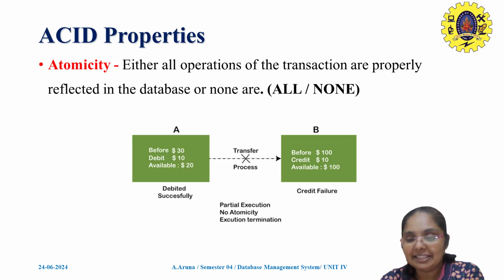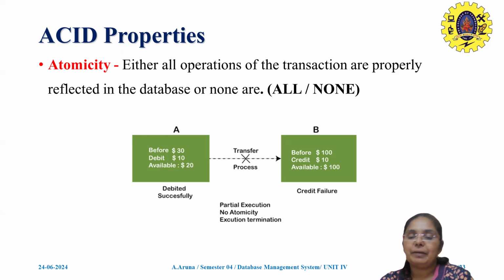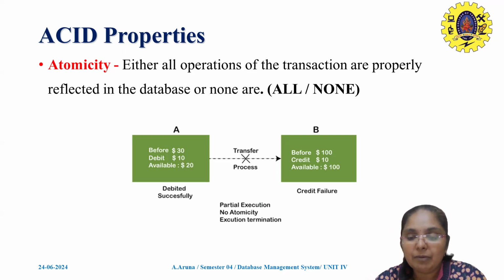Is it clear? If there is atomicity, the entire transaction takes place. If there is atomicity, here it will have 110 as the available balance. But here it is a credit failure, so your available balance is 100 rupees. This particular property we call atomicity. Only one thing you keep in your mind: either all the transaction must take place or none of it can take place.